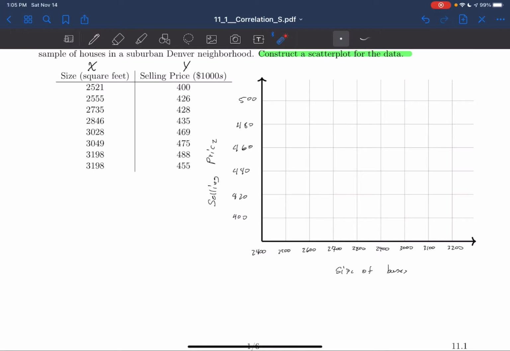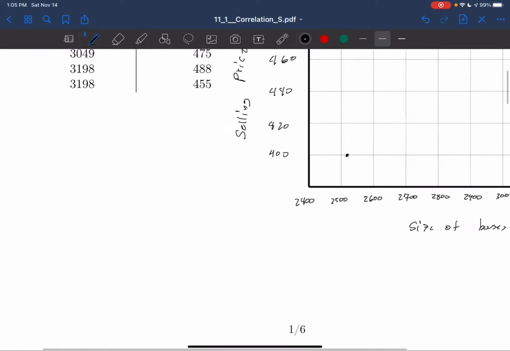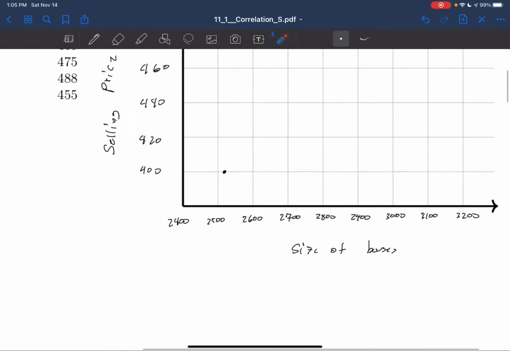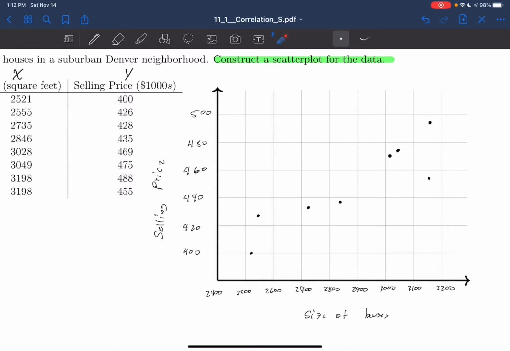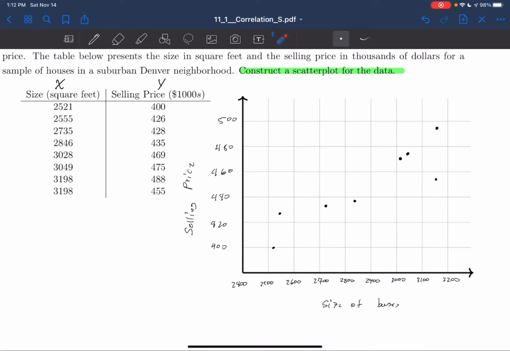Great. Now we can plot each individual pair. Here we want to plot x as 2,521 and y as 400, so that'll be somewhere around here. Next, we do the rest for all of them. I just jumped ahead and marked all the points that we needed to save some time, but all I did is plot each individual point.